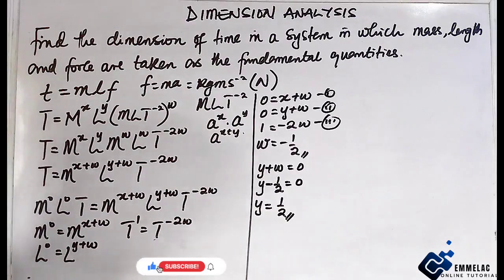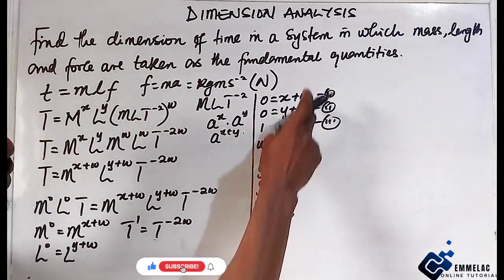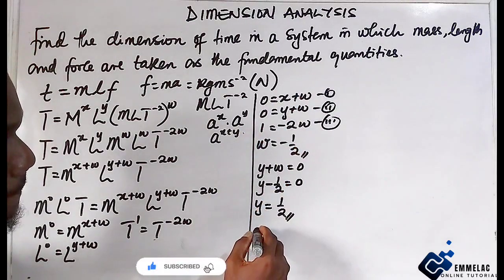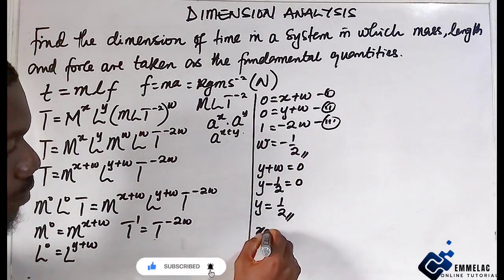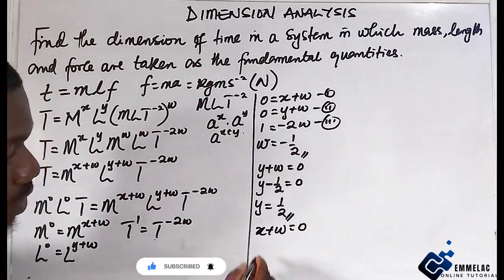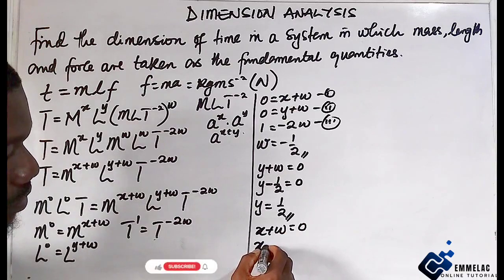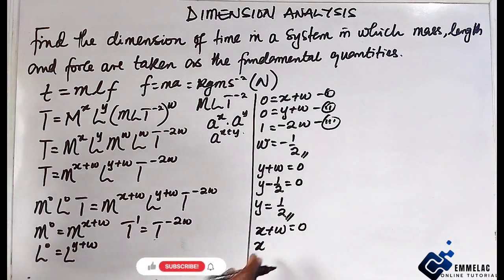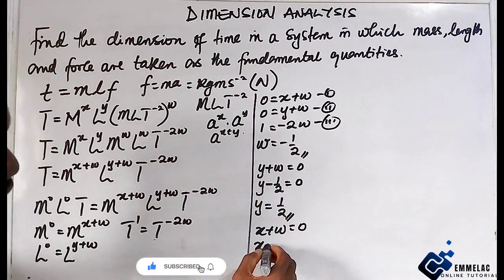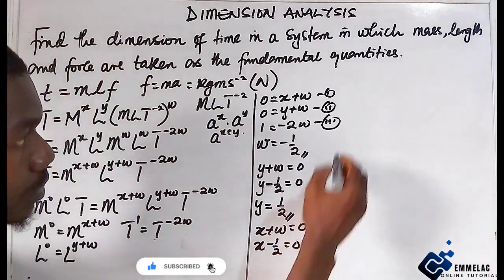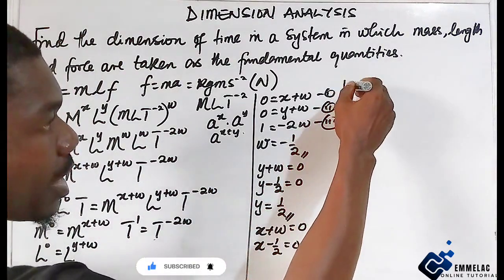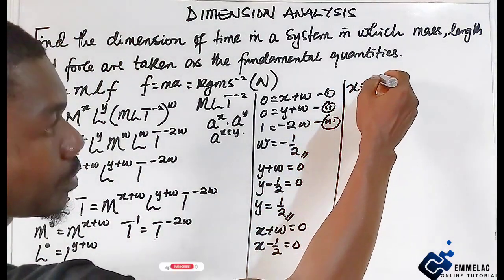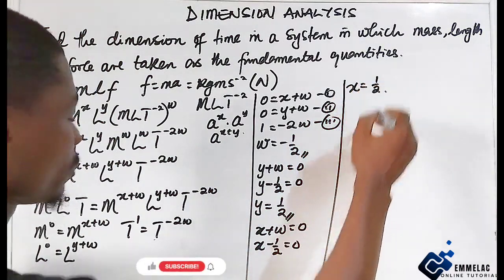In the same vein, x plus w equals 0, and w is negative 1 over 2, so our x will give us 1 over 2.